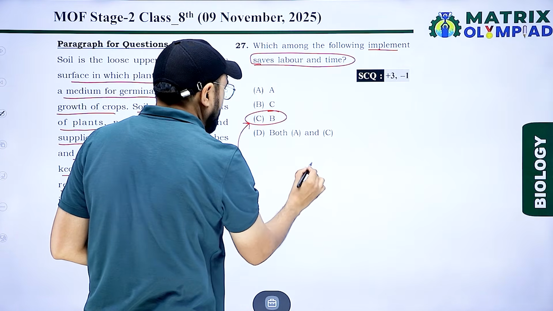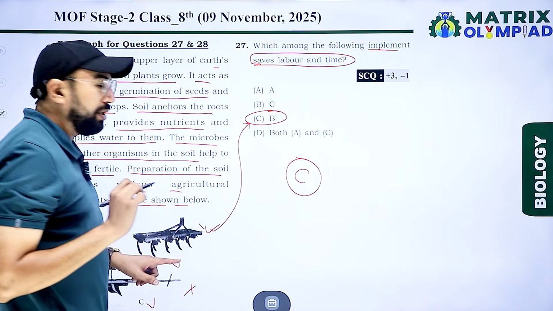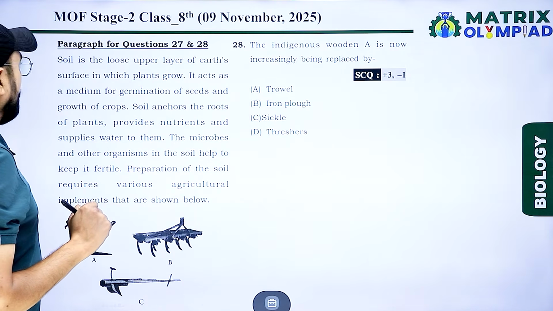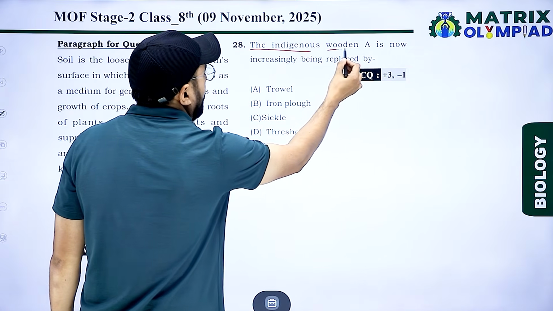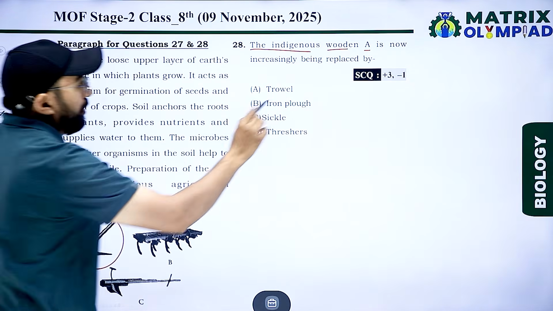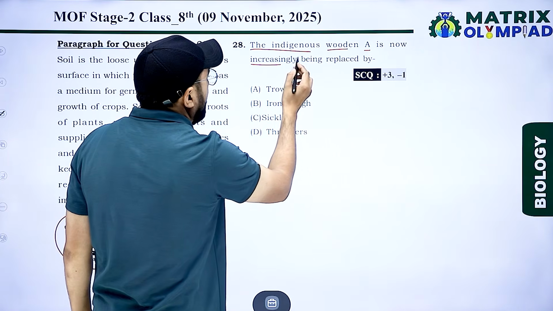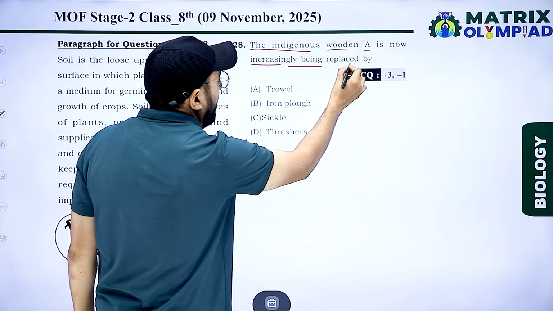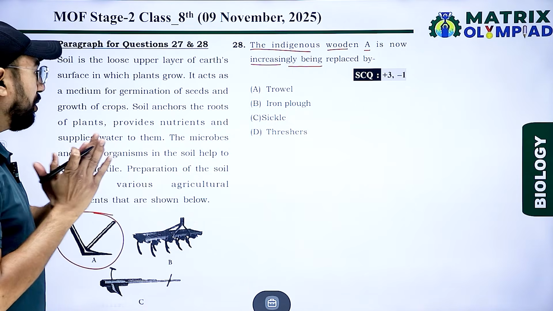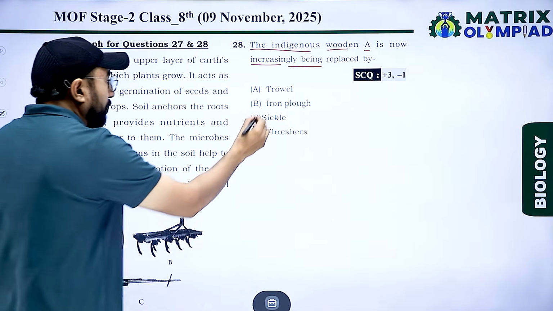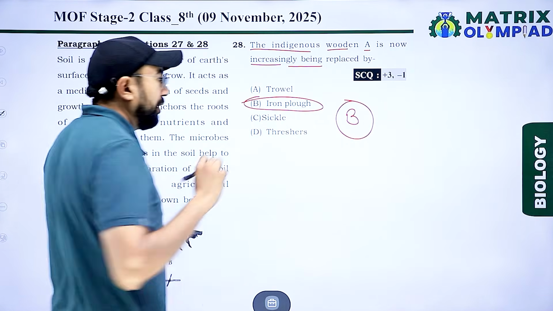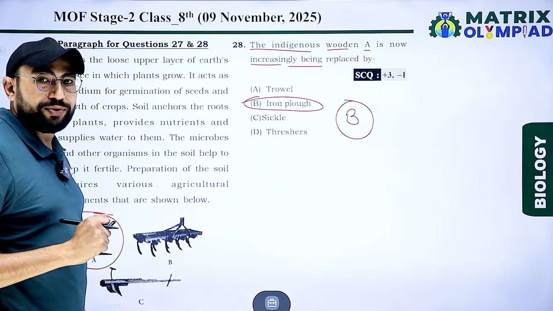So option C is right for this question. Next, the indigenous wooden plough is now increasingly being replaced by trowel, no, iron plough. So option B is right. Option B is right for this question.